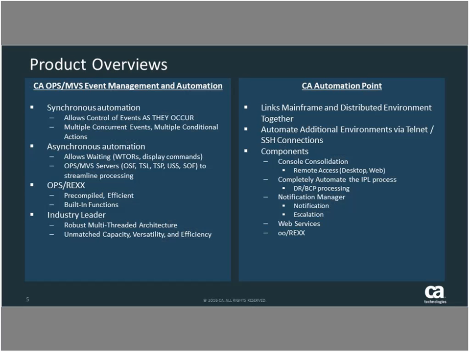Okay, so now we get down to the product level. Ops MVS is a mainframe automation product. It is used for solving all your system level problems, getting tasks up and running, shutting them down, and replying to messages on your system.